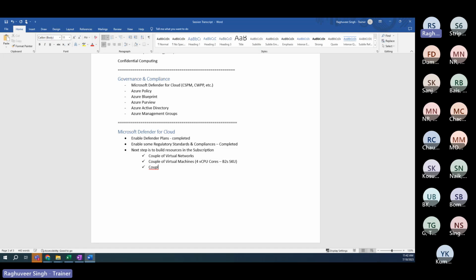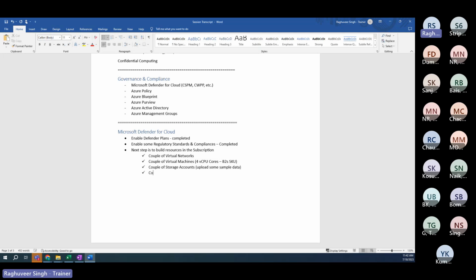When I say couple, it means 2, 3, 4, at least 2 or more. Create storage accounts and then upload some sample data into them so that Defender also assesses the data which is kept.